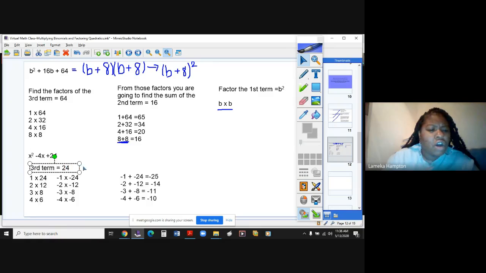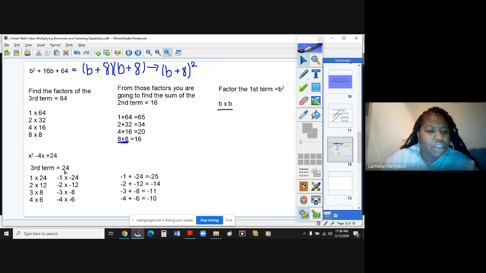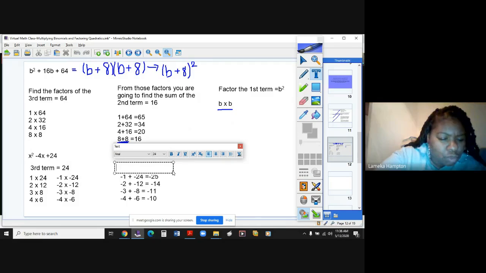So I found all of the numbers that if I multiply them together would give me a 24. Then my second term, and I'm going to type all this out so the people in the playback can see it, my second term was -4.